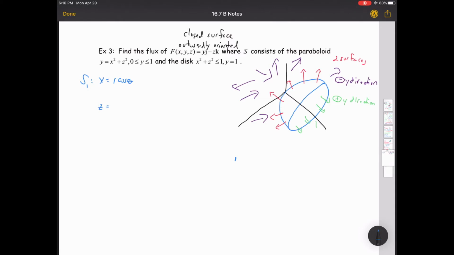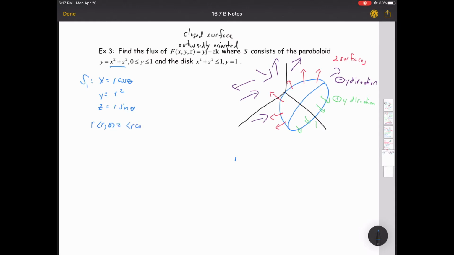So the part that's making up the circle here is the x and the z components. So z is the part that's going to be r sine theta, and y here is going to equal x squared plus z squared. Well, that's r squared cosine squared theta plus r squared sine squared theta added together. So y is just going to be r squared. So our r for this one is going to be a function of r and theta.